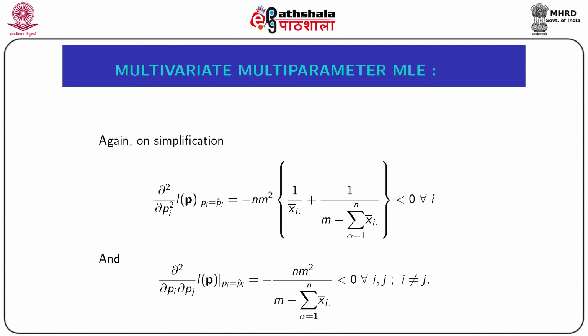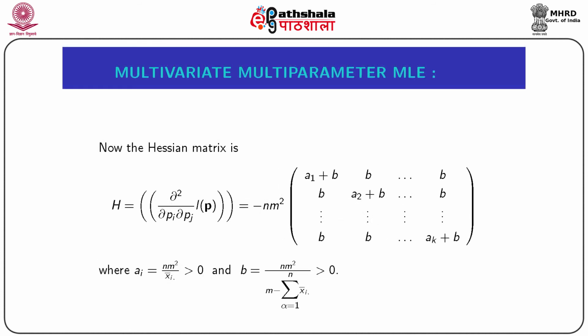And similarly, the second order derivative of the log likelihood function with respect to pi and pj partially at the point pi equal to pi hat and pj equal to pj hat is equal to minus n into m square divided by m minus summation i from 1 to k xi dot bar, and it is also negative for the same reason.